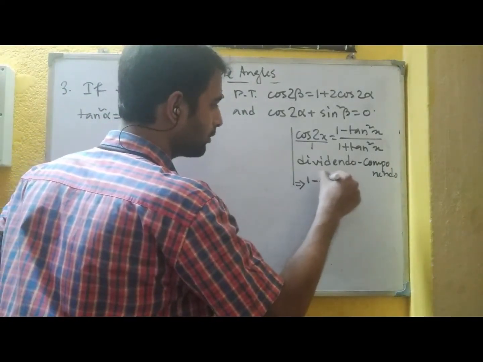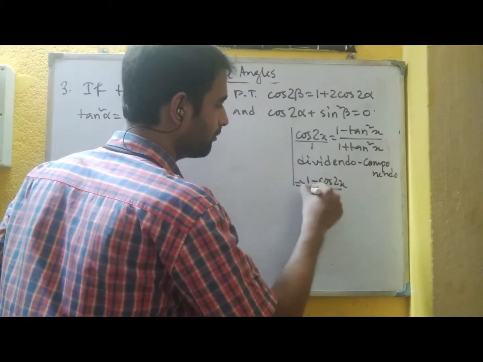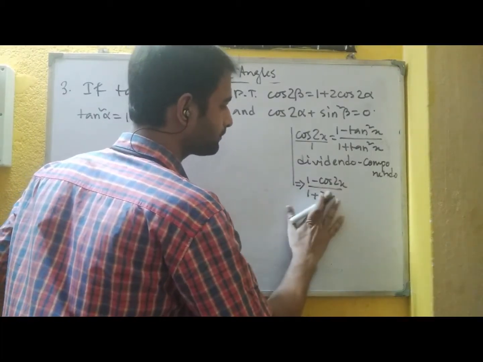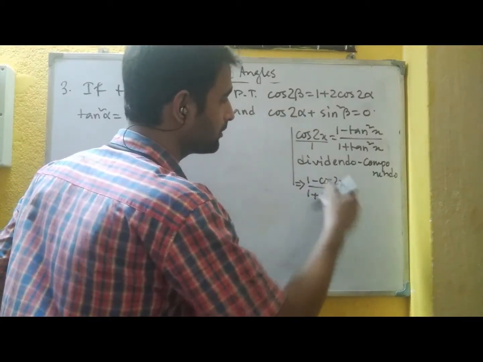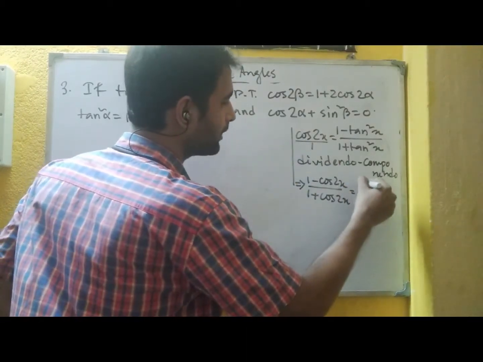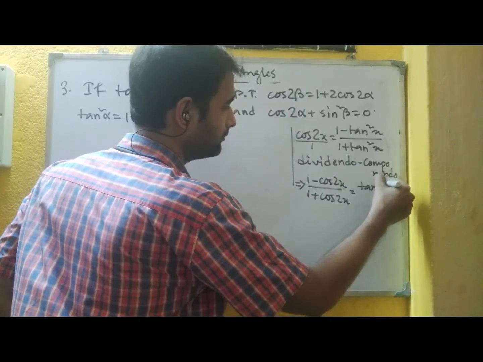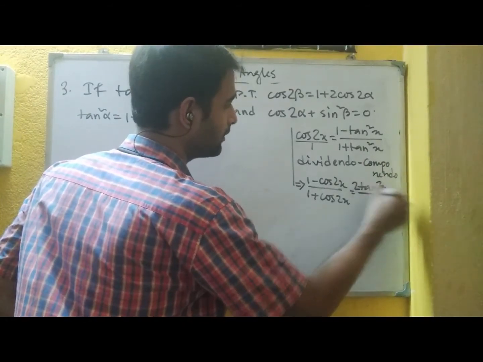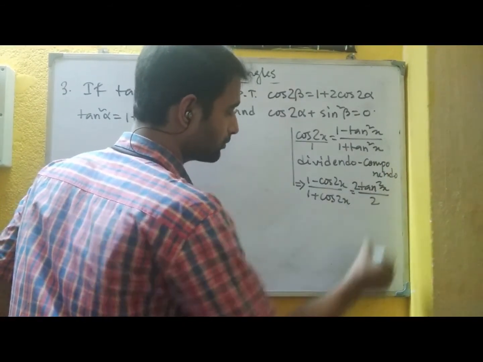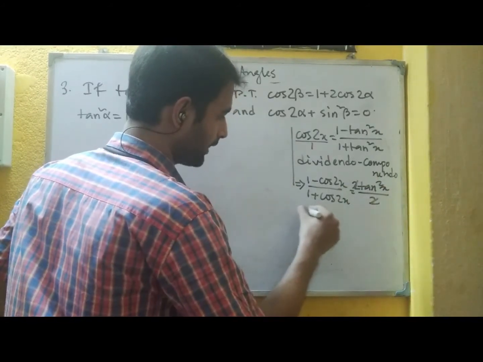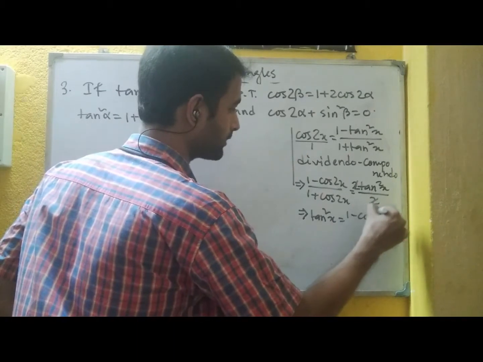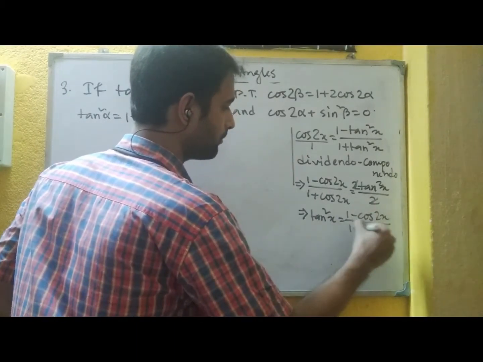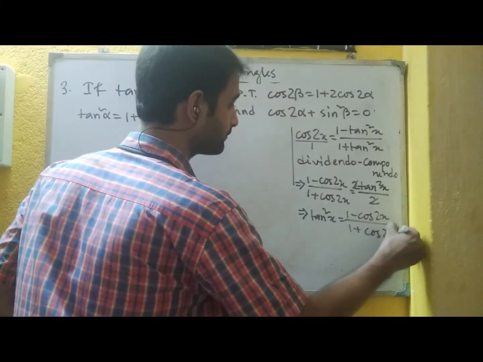So 1 minus cos 2x by 1 plus cos 2x equals b minus a, so it will be tan square x, and b plus a means it's 2. So after cancelling out, you can write tan square x as 1 minus cos 2x by 1 plus cos 2x.